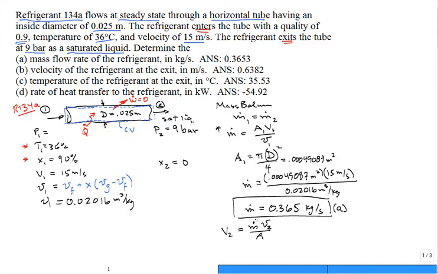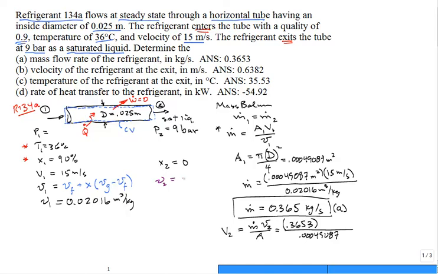Now area 1 is equal to area 2, the same area, so the mass flow rate has not changed. You can put that in, 0.3653. You would carry more digits in your calculator. The specific volume at state 2 we need to calculate. I'll just fill in that area right here, 0.0004987. Okay, how do I get that specific volume, V sub 2?